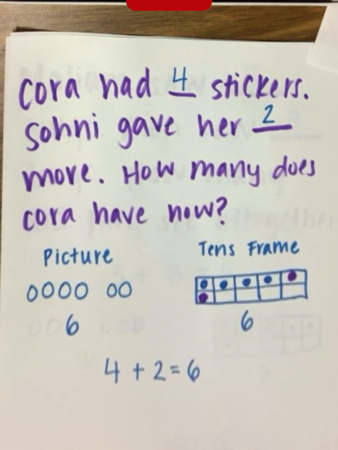You can change Cora to your own name, or you can use Mrs. Bushow's name, or Mrs. Trimble's name, or mine. You can also use fun names from books that you've read or from a movie that you've watched.